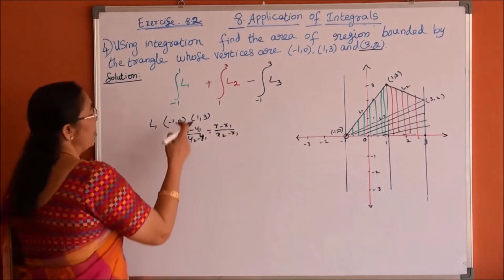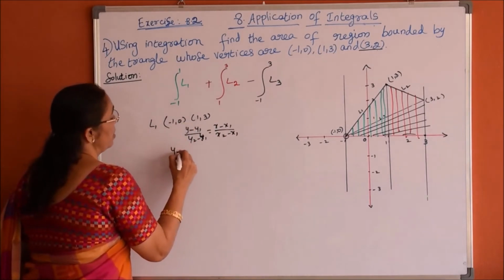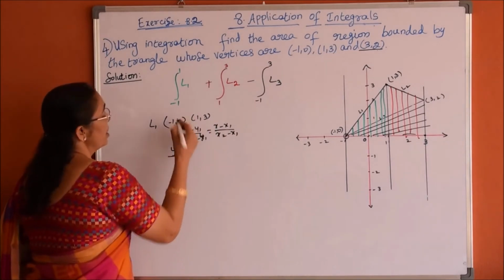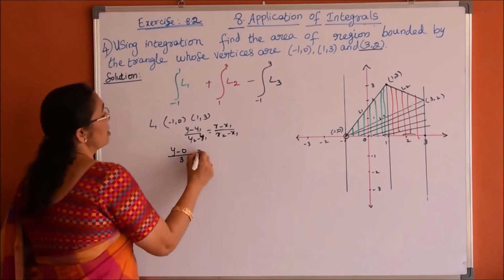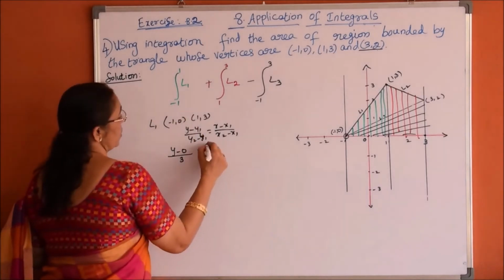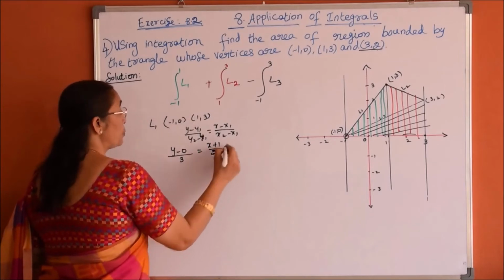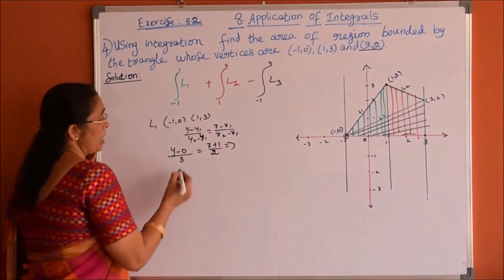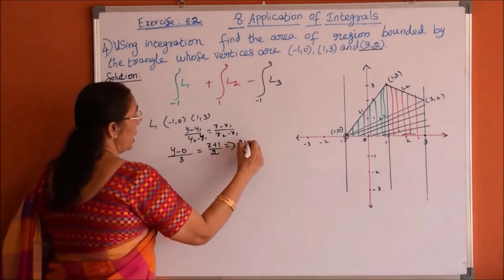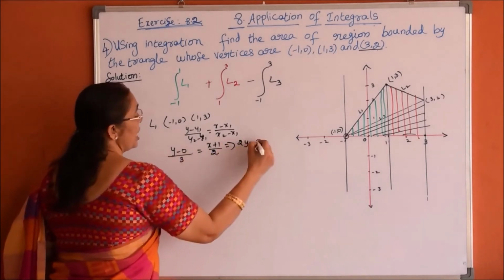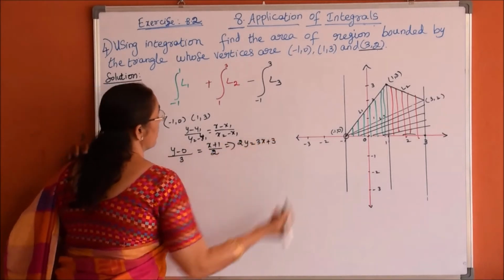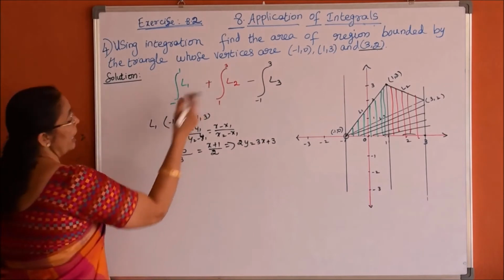So, using that formula, y minus 0 by 3 minus 0, 3, is equal to x minus x1, x plus 1 by x2 minus x1, which is 2. So, our L1 equation is nothing but 2y is equal to 3x plus 3.